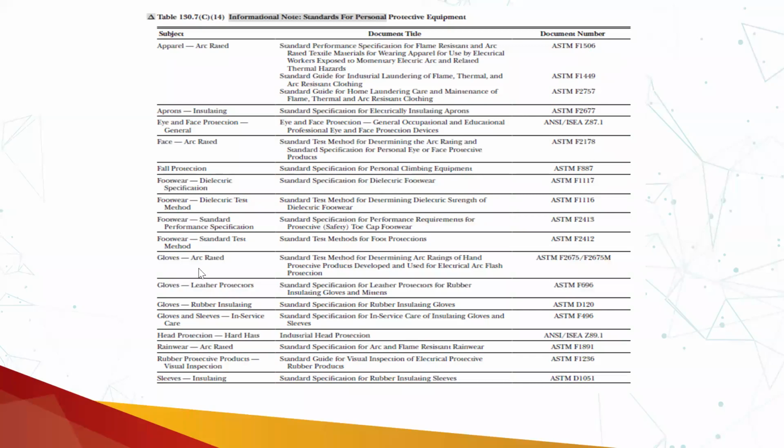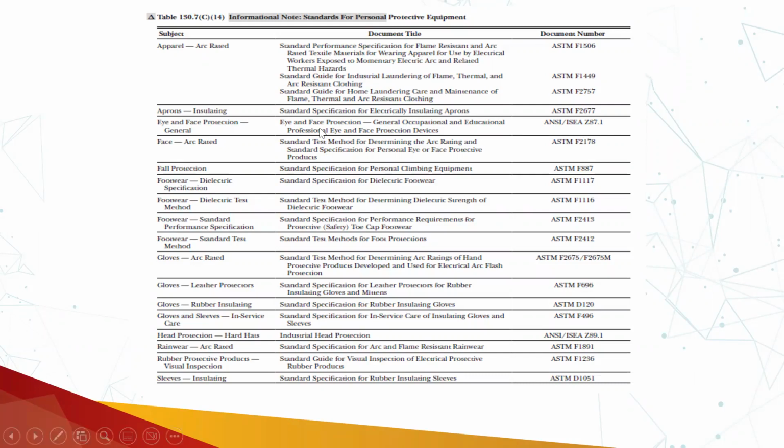For gloves, arc rated, these are the standards. These are the testing methods which are acceptable. For gloves, leather, these are the ASTM standards. So for this table, you only need to know what the document number NFPA 70E refers to.